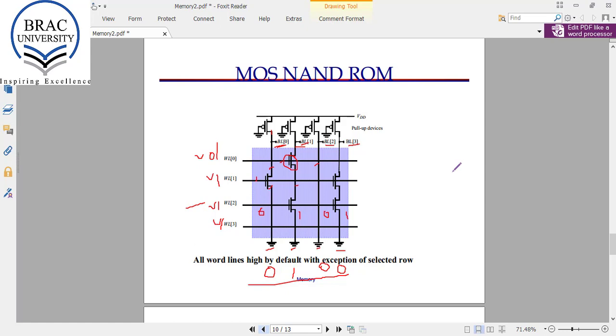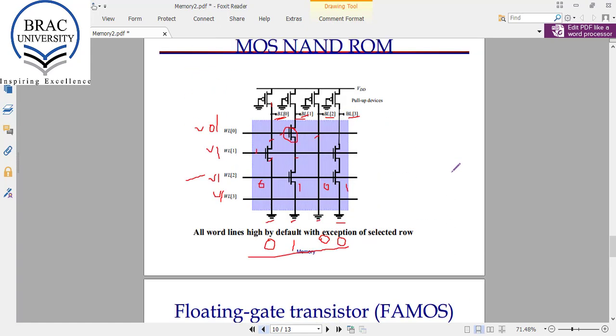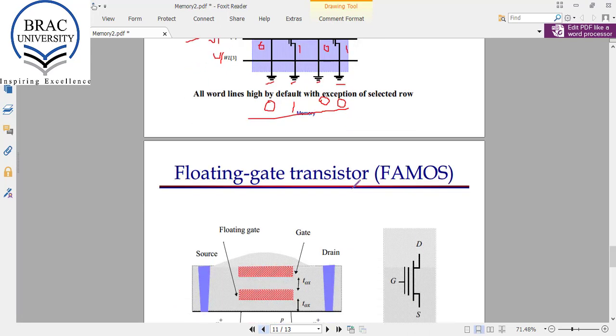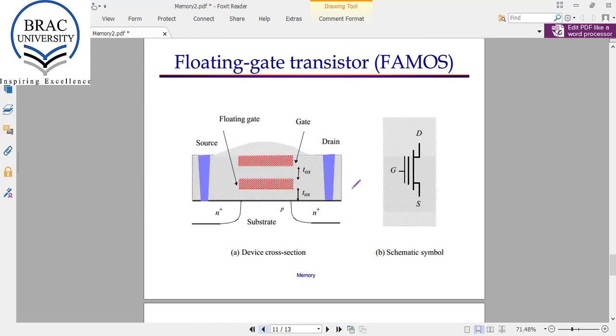Now we will see the structure of EEPROM, that is erasable and programmable ROM. The structure remains the same, but the MOSFETs that we have used, this is the general metal oxide semiconductor FET, but for the EEPROM we will use a special type of transistor that is called FAMOS, that stands for floating gate avalanche injection MOS.